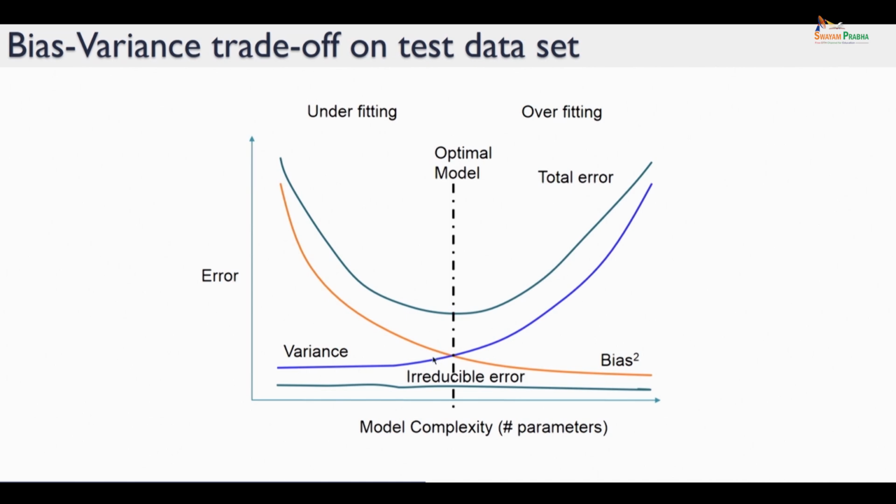It is the trade off between these two that gives rise to the minimum value of the MSE on the validation set, and that is what you are looking for. So you want the optimal trade off between the bias, which keeps reducing as you increase the number of parameters, and the variance, which keeps increasing. This is what we are going to find out by cross validation.